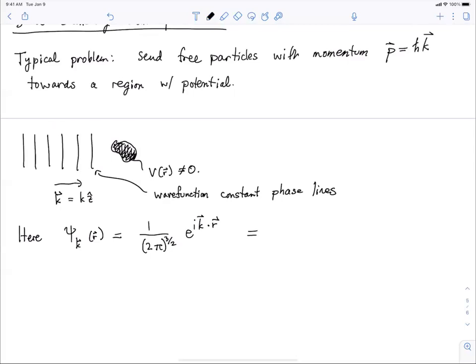And so this is the wave function of our state k. And this is the solution if there were no potential. In a little bit, we're going to have to write down the solution with a potential.